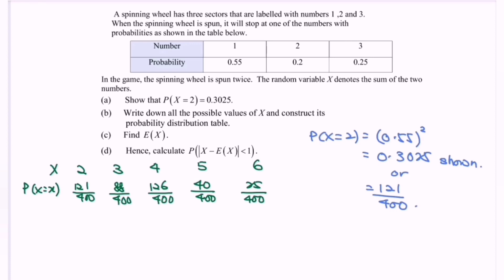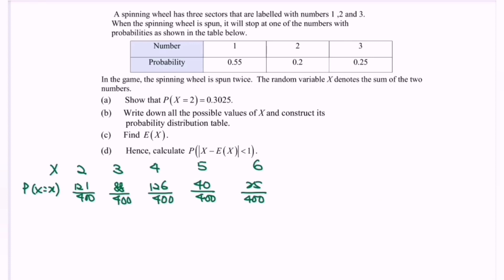Next, kindly refer to B. Write down all the possible values of X and construct its probability distribution table. Referring to this part, maybe we can simplify the situation and rewrite the probability table for the random variable. We have 2, 3, 4, 5, and 6, and the probability for the 2 is 121 over 400.